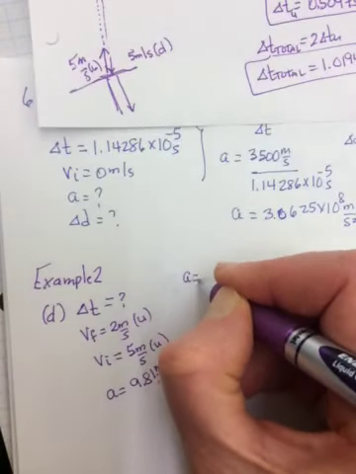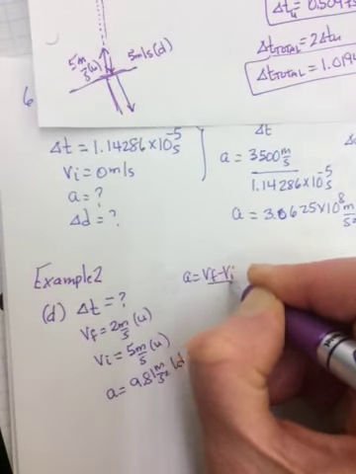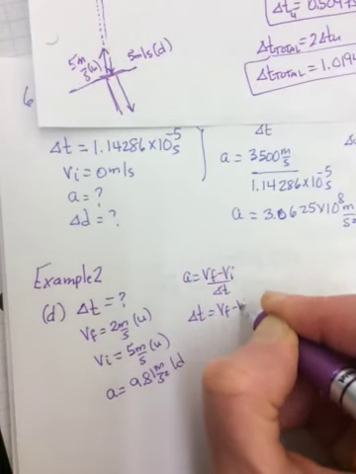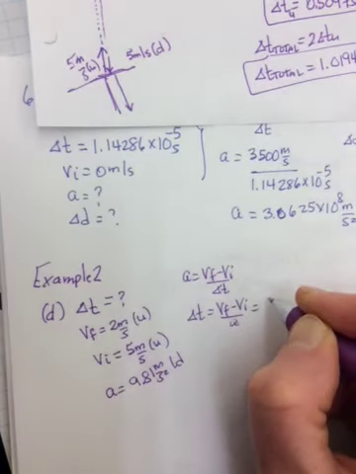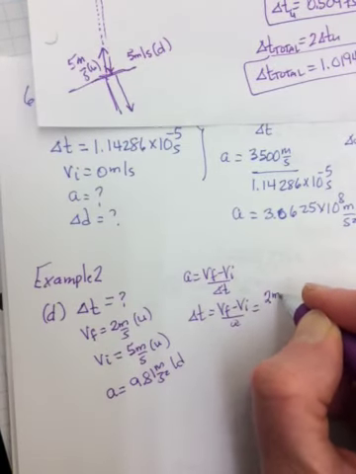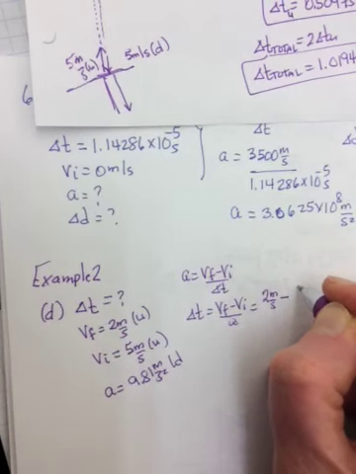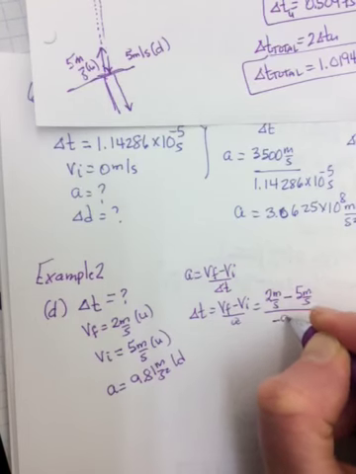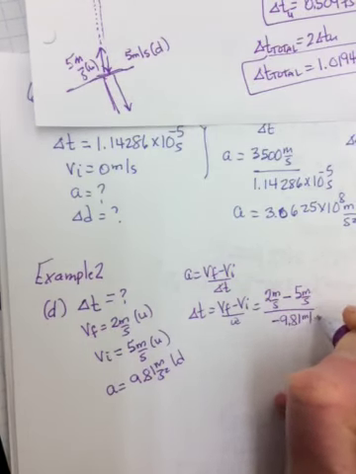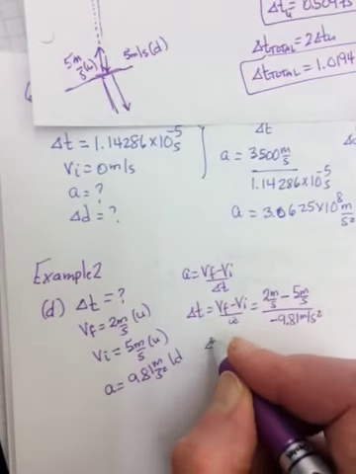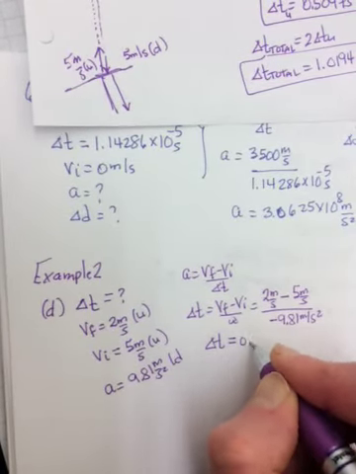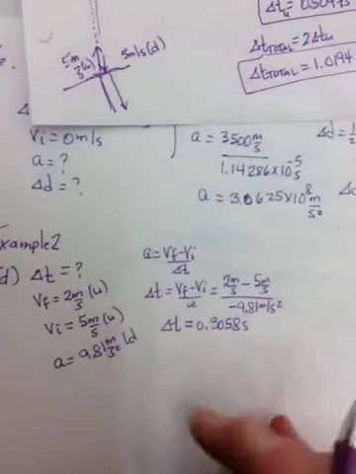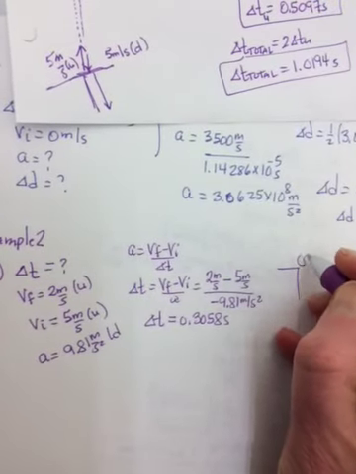So then you would do A equals VF minus VI over delta T. So delta T equals VF minus VI over A. So VF would be 2 meters per second minus 5 meters per second divided by negative 9.81 meters per second squared. Okay, and when you do this, you get a delta T of 0.3058 seconds.